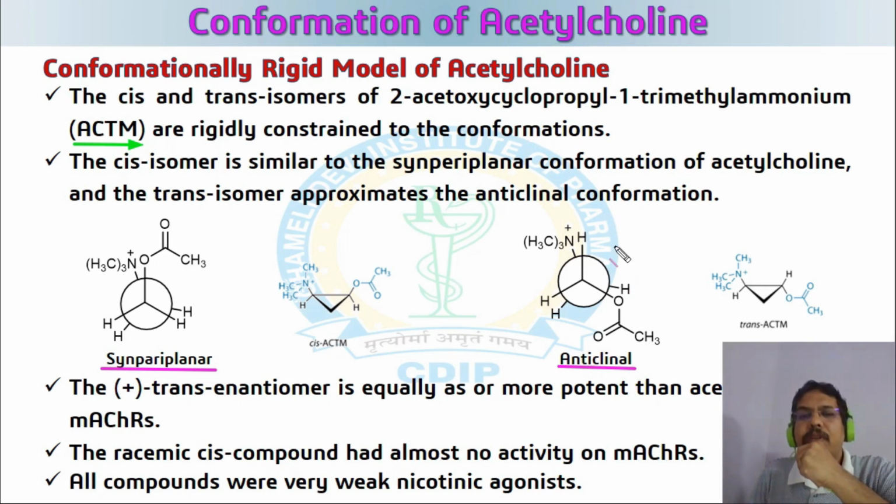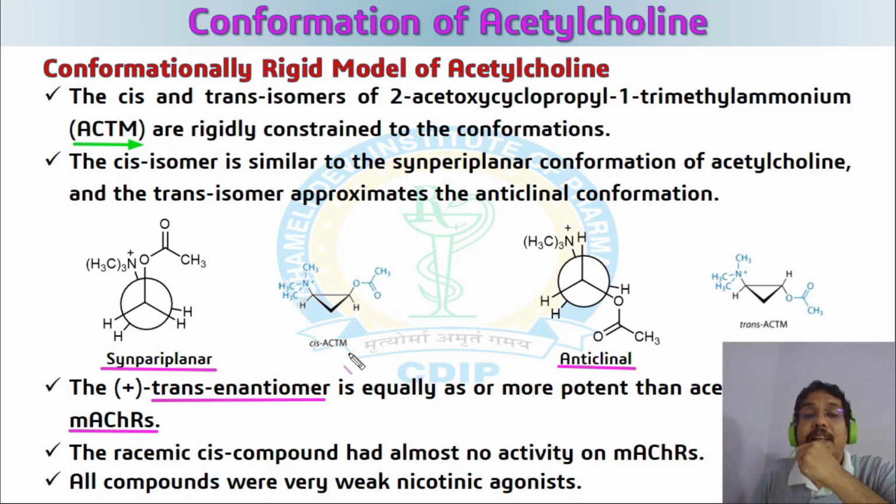And if you look at the potency of the trans geometry as well as the cis geometry of ACTM, the trans enantiomer is equally or more potent than acetylcholine towards the muscarinic acetylcholine receptor.